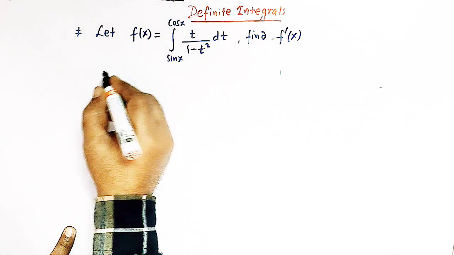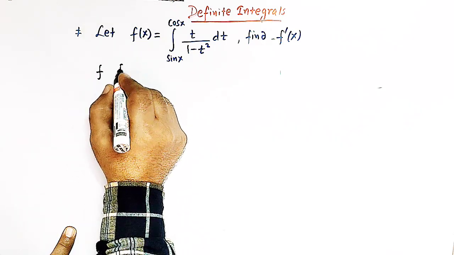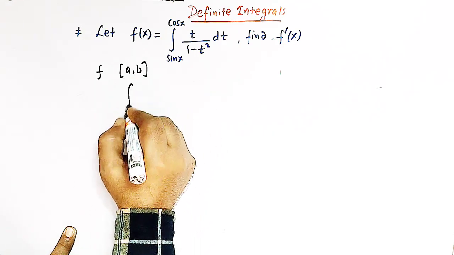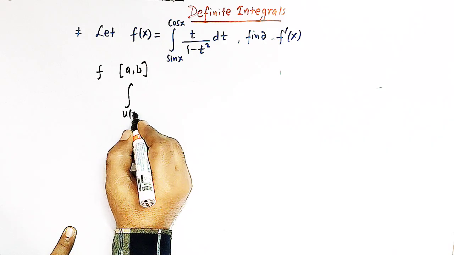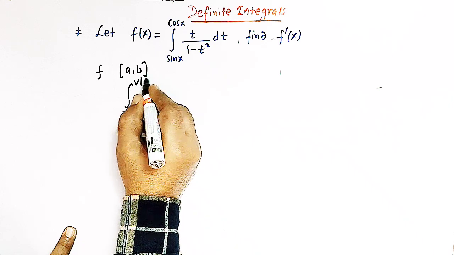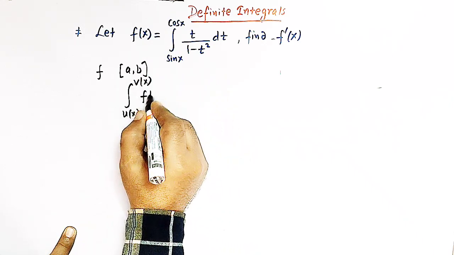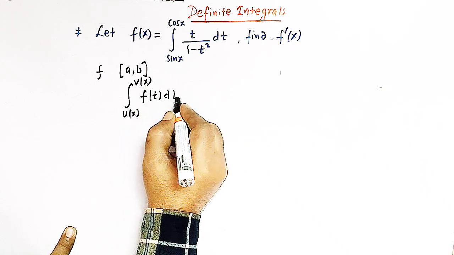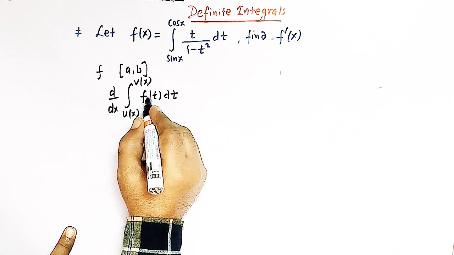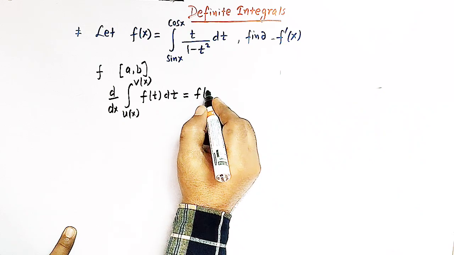If we have a function f which is continuous in some interval a comma b, and the lower limit is some function of x, that is u of x, and the upper limit is another function of x, that is v of x, and we have the function f of t dt, then the derivative of this integral with respect to x is given by f of v of x.